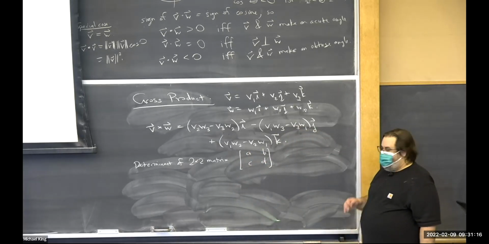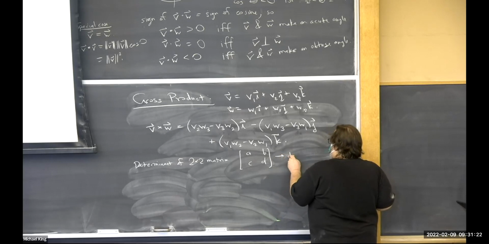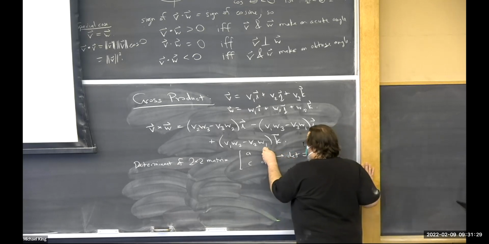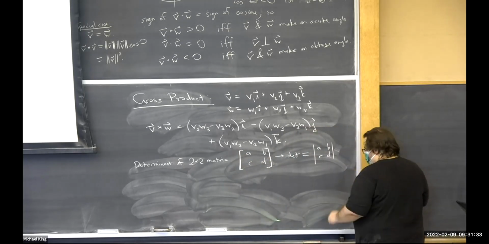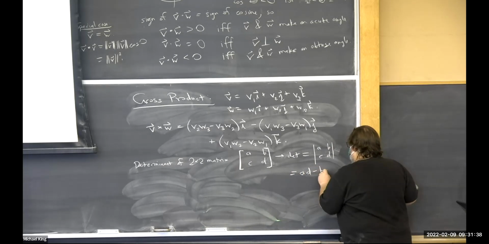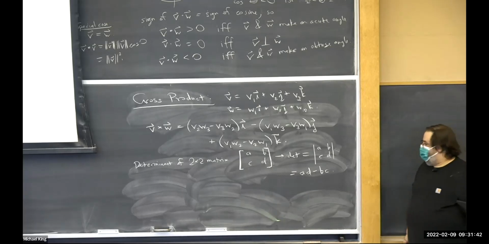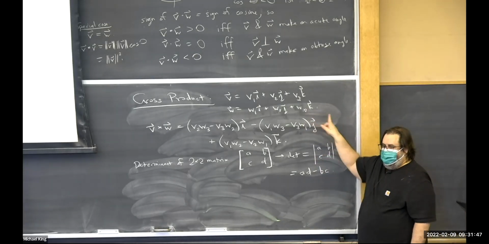And for a 2x2 array, the determinant is written with absolute value signs. I use square brackets for a matrix, or some books use parentheses. It's defined to be AD minus BC, and it has all these important properties. But you see it's the same AD minus BC pattern I was doing up there.